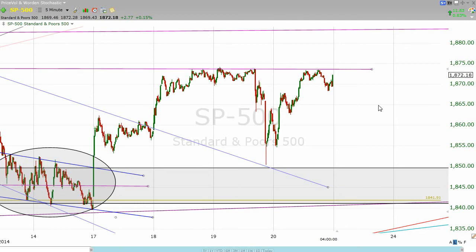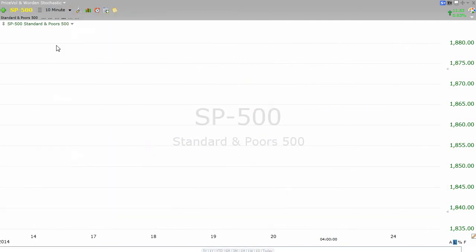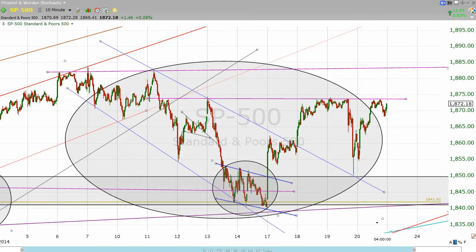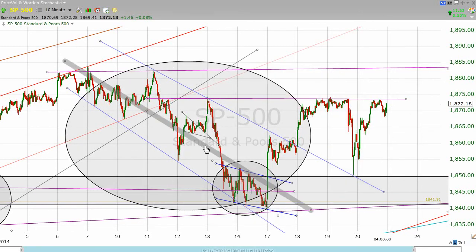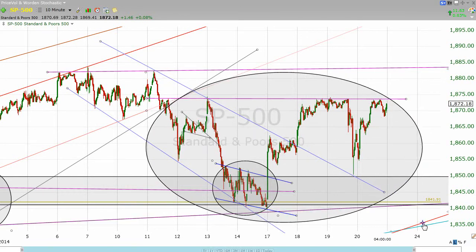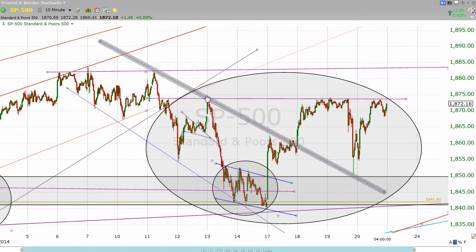Now, here's the deal. I think it's pretty simple. If this line breaks, then we will be looking at an inverted head and shoulders pattern right here, roughly. Let me see if I can stretch this out just a little bit. There we go. Left shoulder, head, right shoulder.